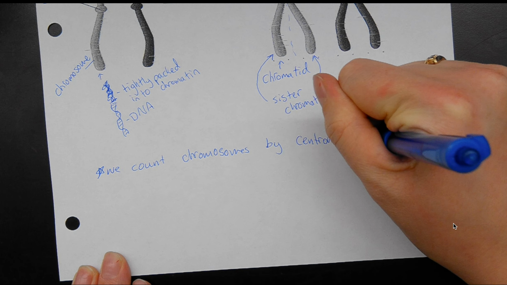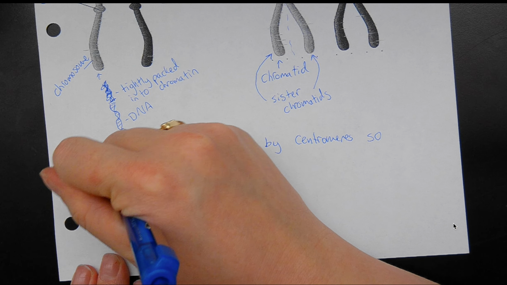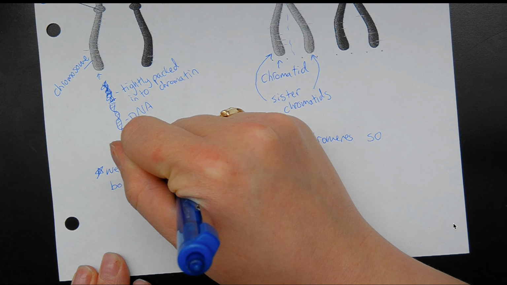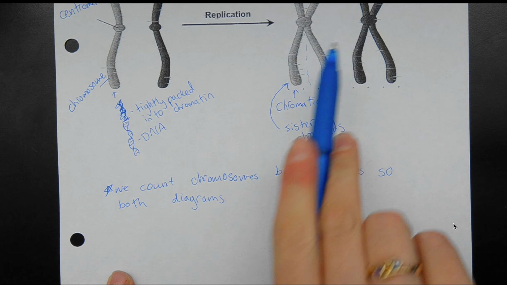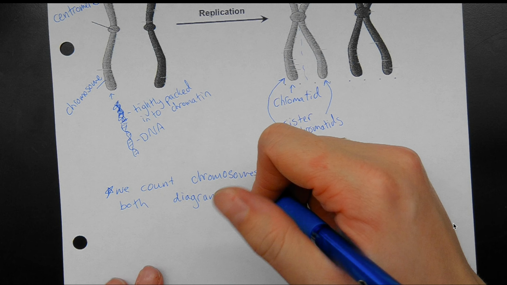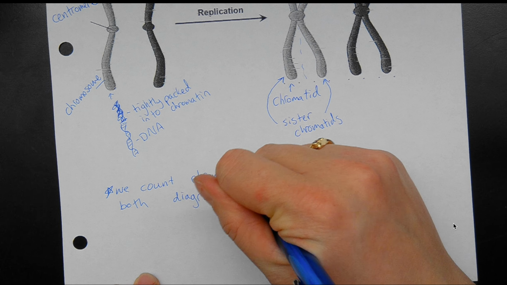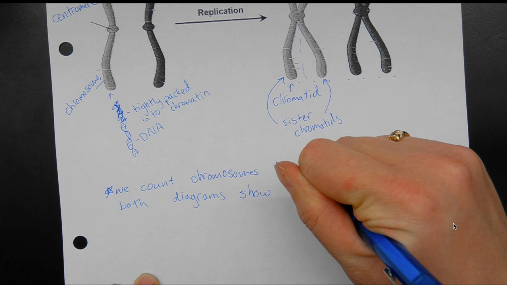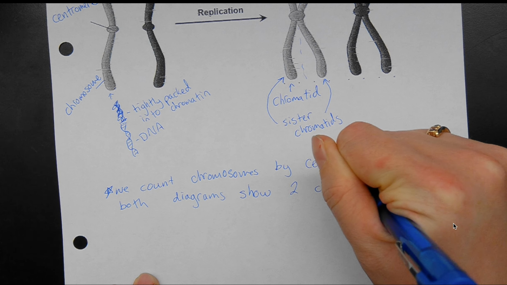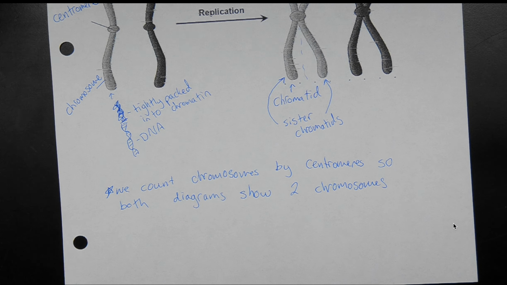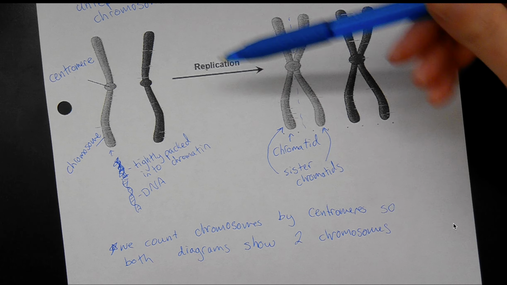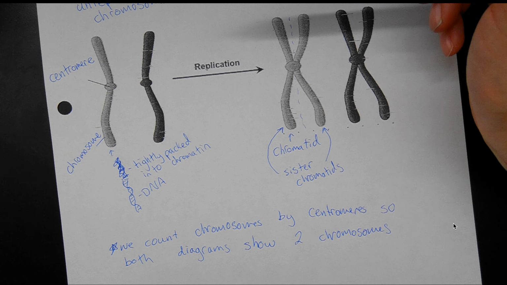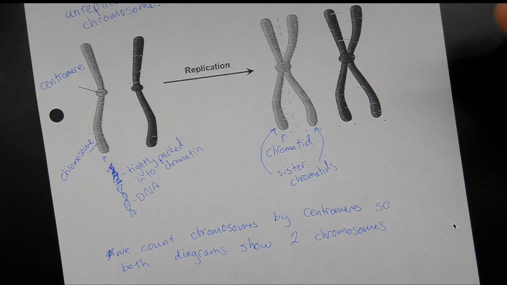So both diagrams above, both this one and this one, show 2 chromosomes. So if we're counting by the centromeres, this is 1, 2 chromosomes, but over here, also just 2 chromosomes.